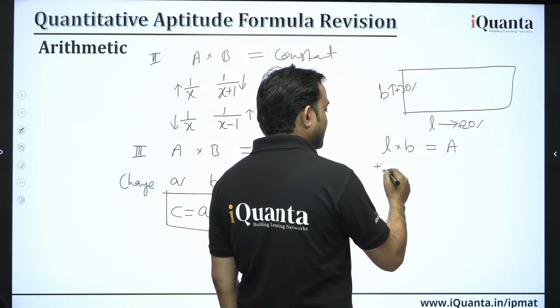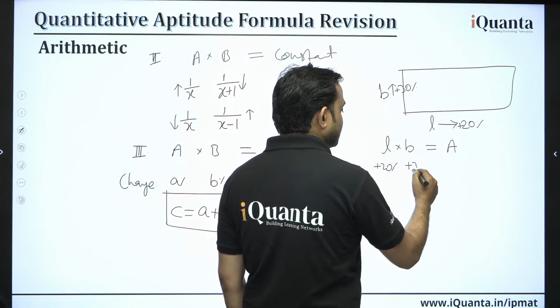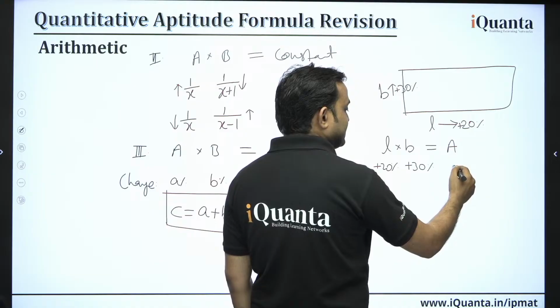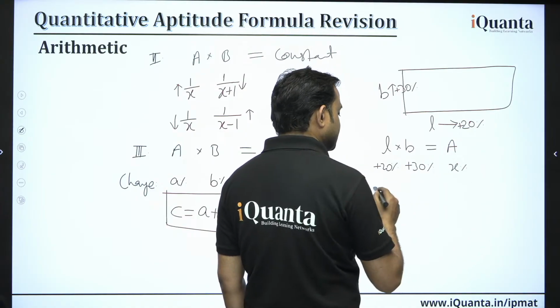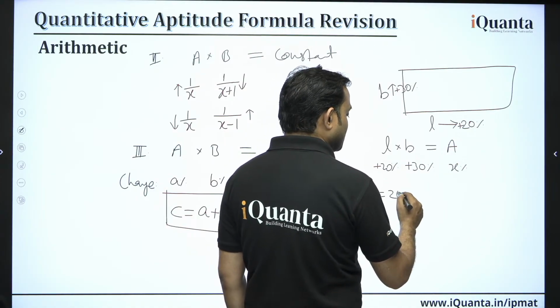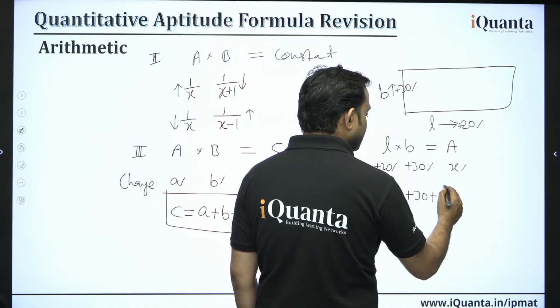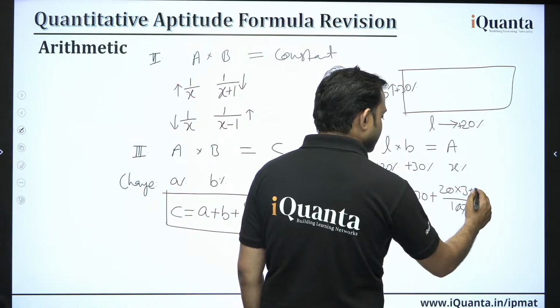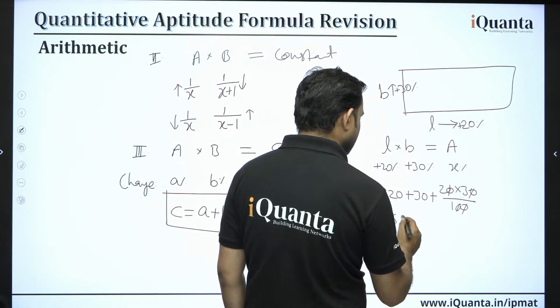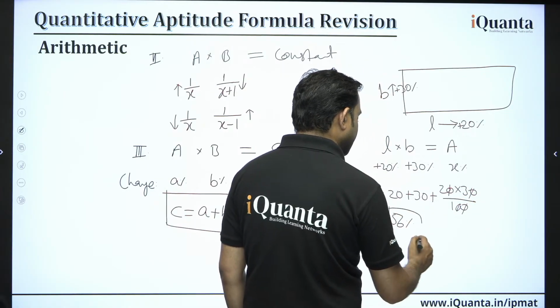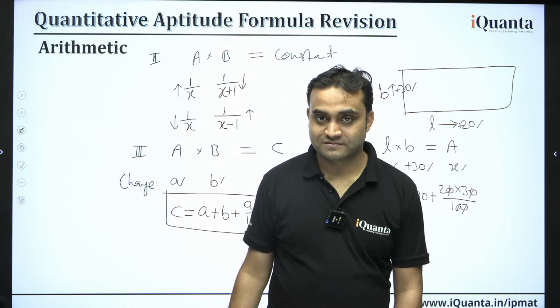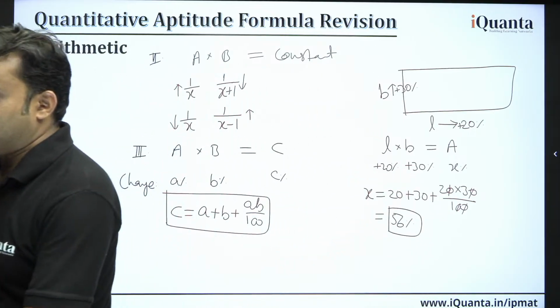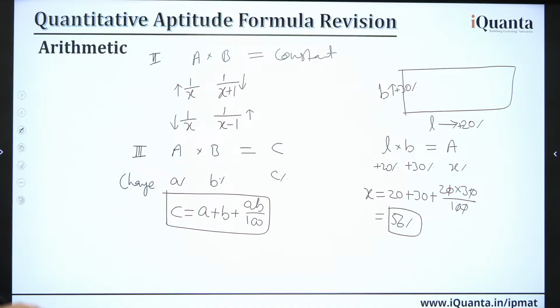Length is increased by 20%, breadth is increased by 30%, area is increased by, let's say, x%. What we can say? x will be equal to 20 plus 30 plus 20 into 30 upon 100. This is cancelled out. So the area will increase by 56%. Nothing needs to be assumed here. You can directly solve these types of questions. All right.